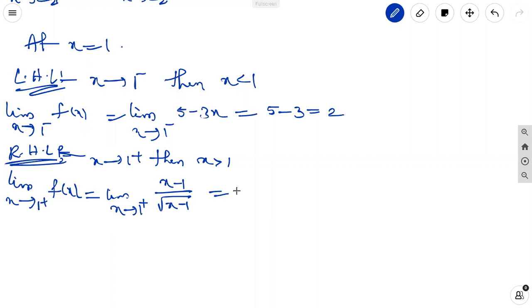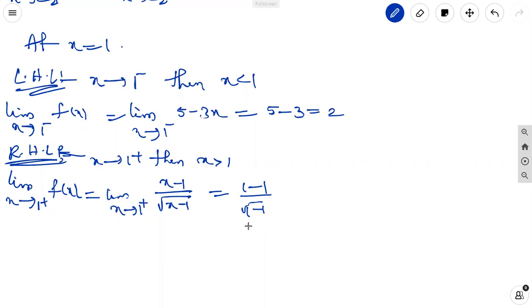Here we can directly substitute x equal to 1: 1 minus 1 by root of 1 minus 1, it goes to 0.